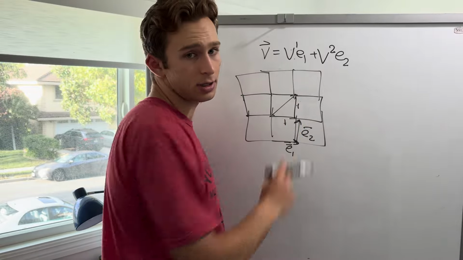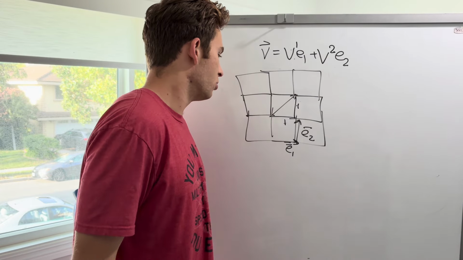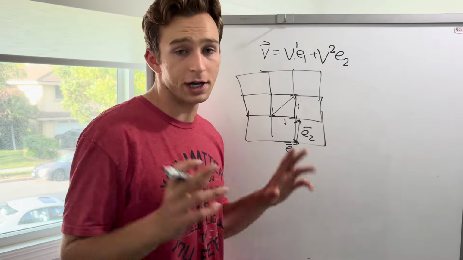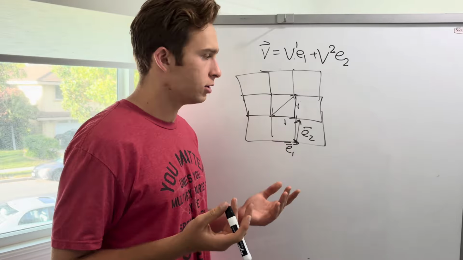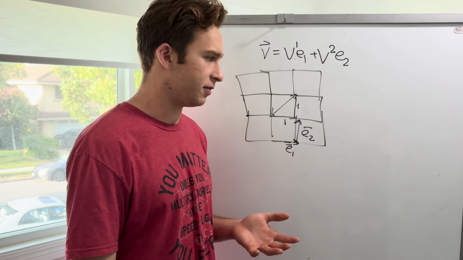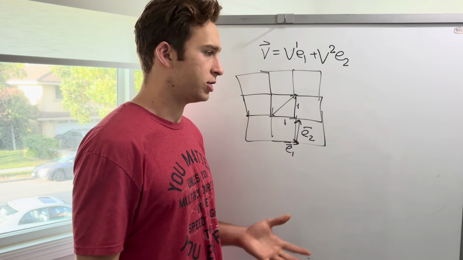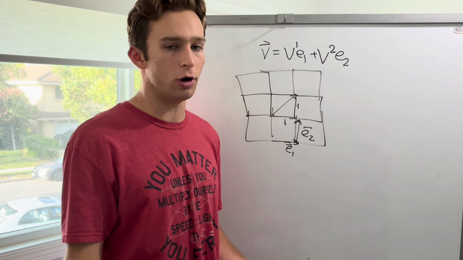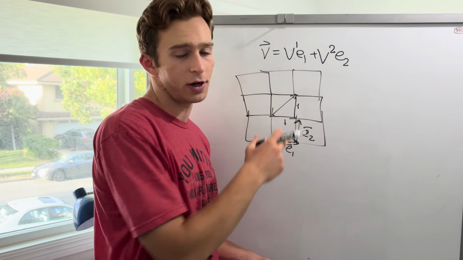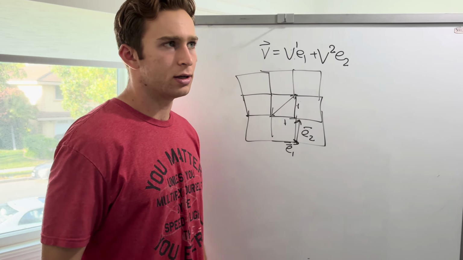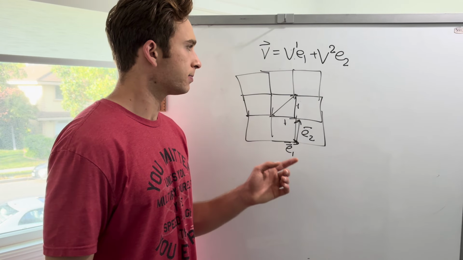So that's why we call this a contravariant component. What that means is when we multiply our grid by some scale factor, it divides that component by the scale factor. We multiplied the grid by 2, and our components were divided by 2. They went from 2, 2 to 1, 1. So that's why we call these contravariant components, because it contradicts what the transformation does.